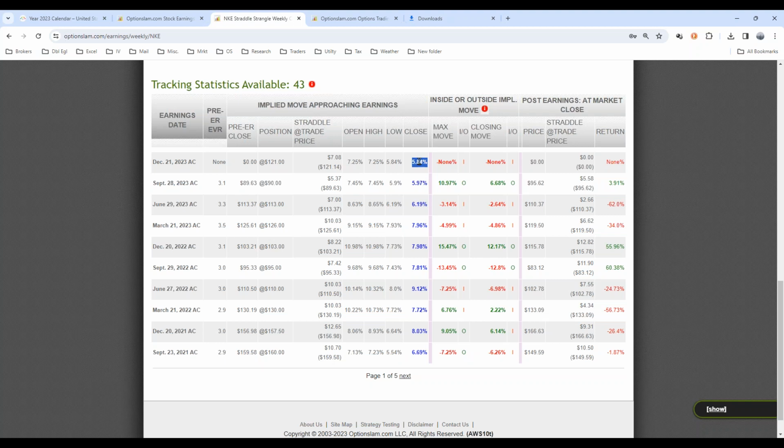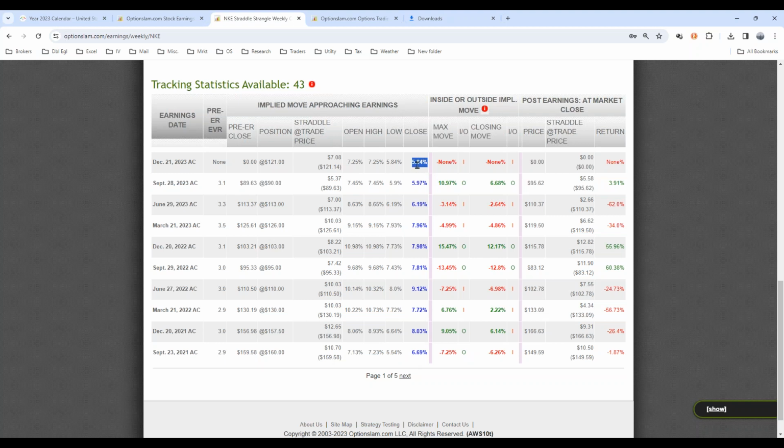I want to compare that to where implied moves have been in the past, and I want to think about trader A and trader B. 5.8 compared to the past implied moves: 5.9, 6, almost 8, almost 8, almost 8, over 9, almost 8, 8, and 6.5, we'll call it.